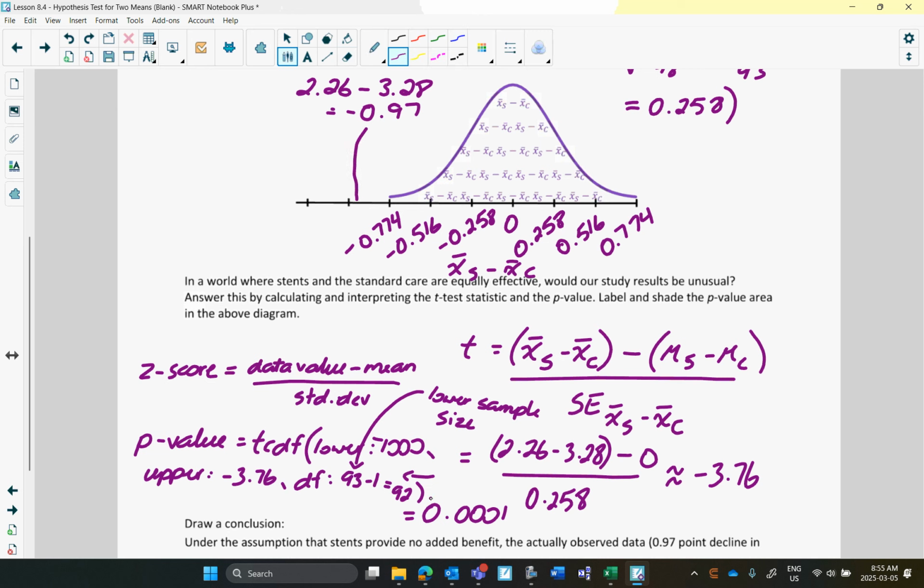Which means I want to find that area, right? So to find that area, the lower is going to be negative 1,000. The upper is going to be how many standard errors away.